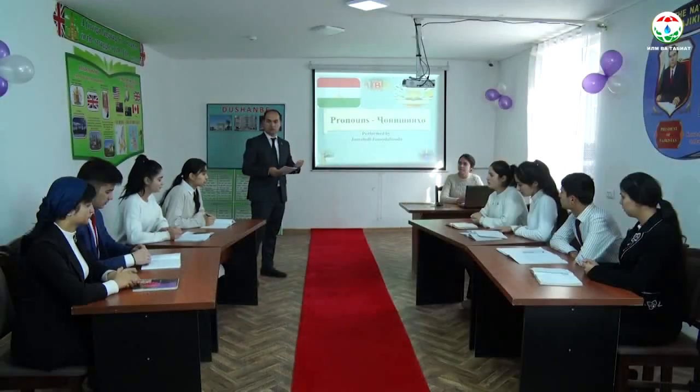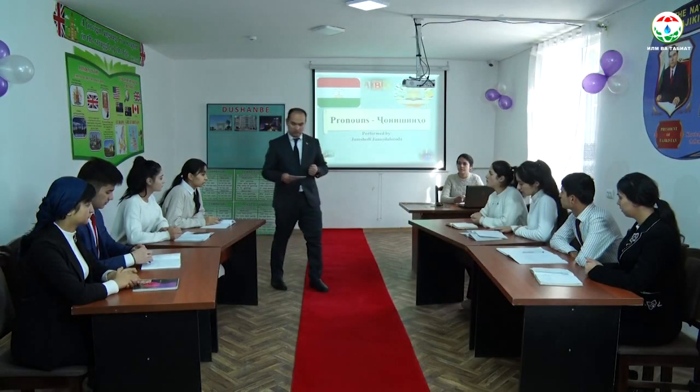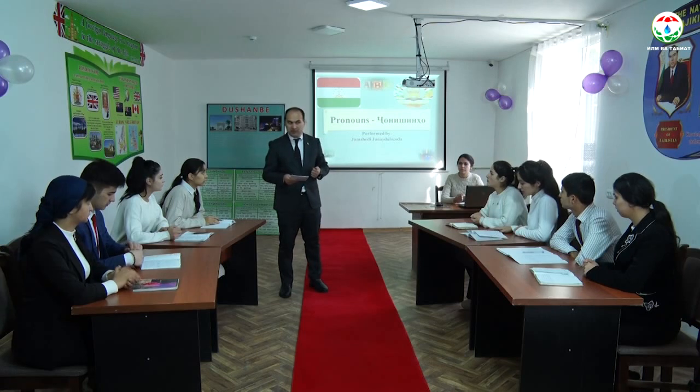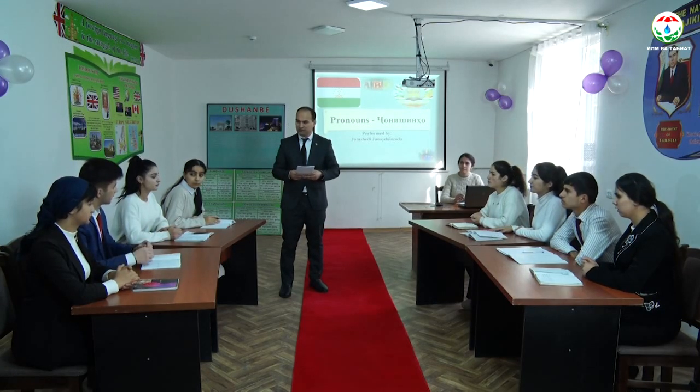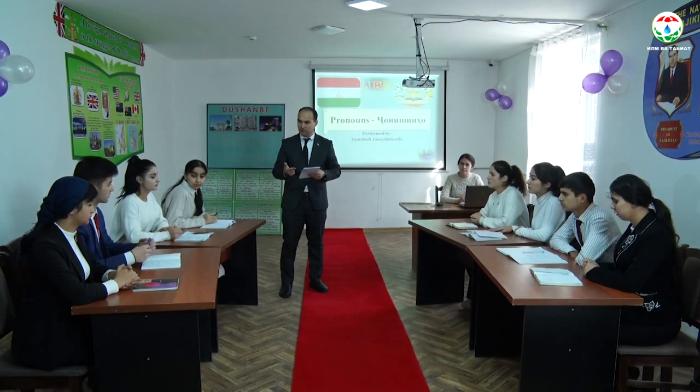Okay, thank you. Next question. How many types of personal pronouns are there in the English language? There are two cases of personal pronouns: the nominative case and the object case. The nominative case is I, you, he, she, it, we, you, they.